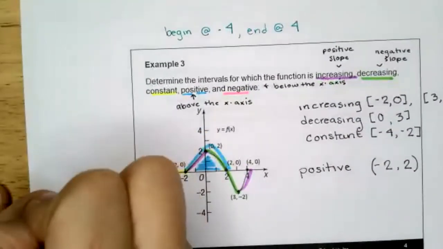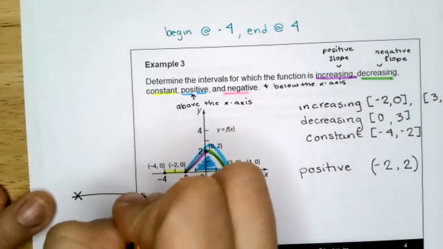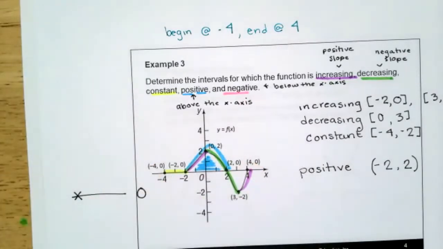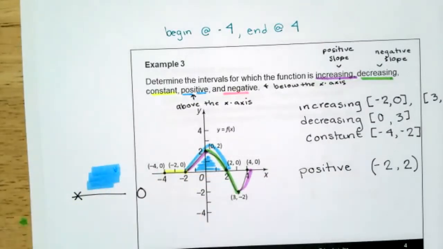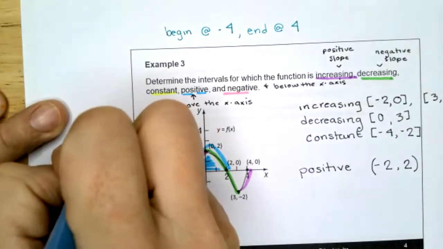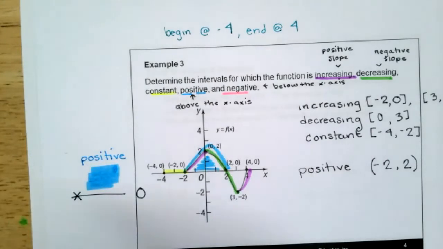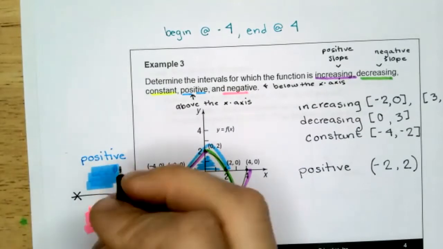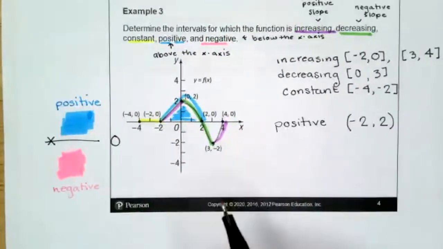Think about, so here's my x-axis. If I'm on my x-axis, I'm at x equals 0. If I am above my x-axis, I am positive. If I am below my x-axis, I am negative. But as long as I am on the x-axis at -2, 0 and 2, I am not positive or negative.